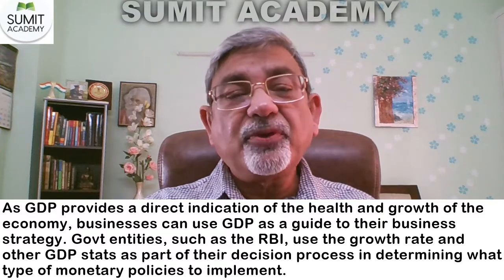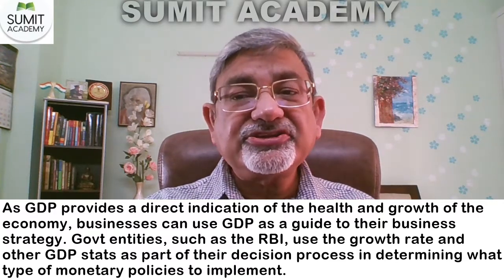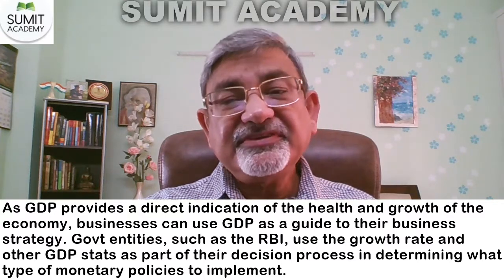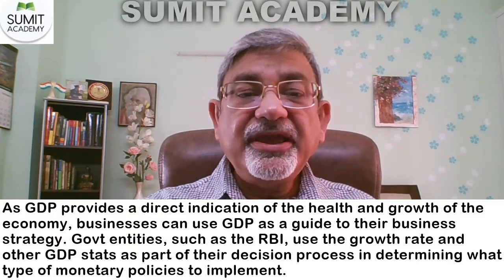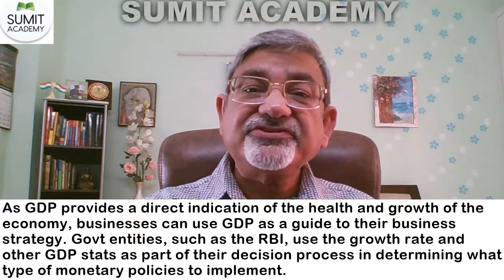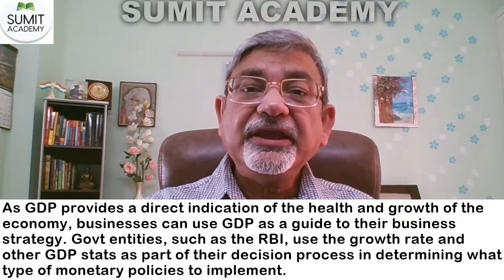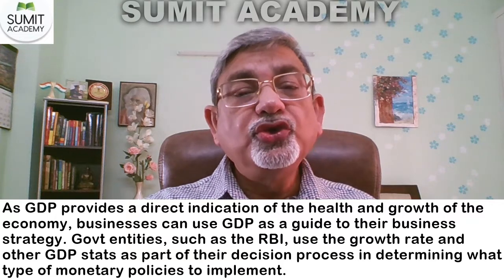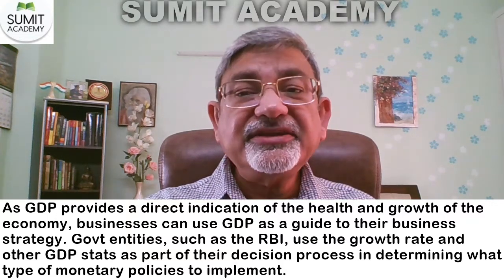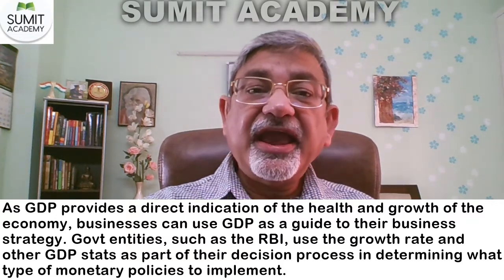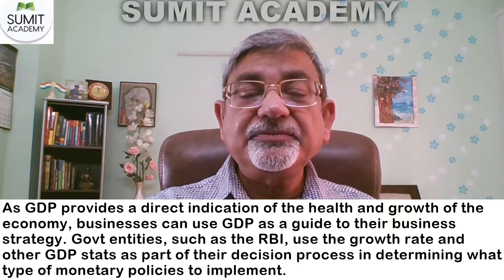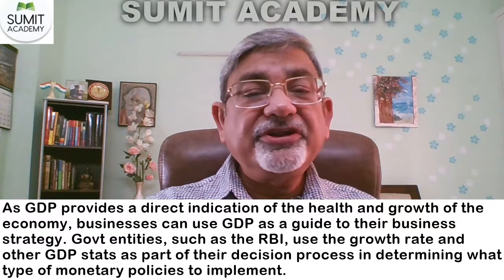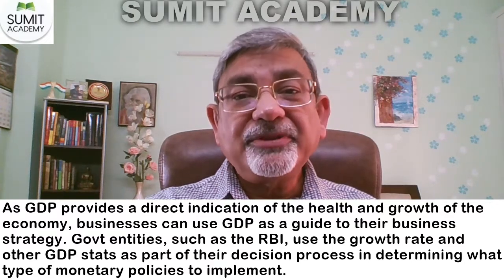As GDP provides a direct indication of the health and growth of the economy, businesses can use GDP as a guide to their business strategy. Government entities such as the RBI use the growth rate and other GDP stats as part of their decision process in determining what type of monetary policies to implement.